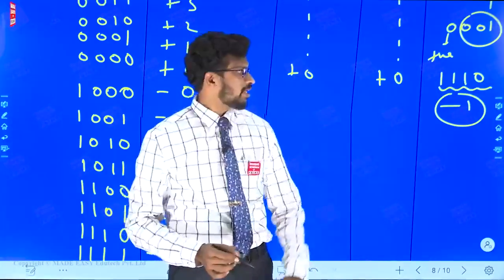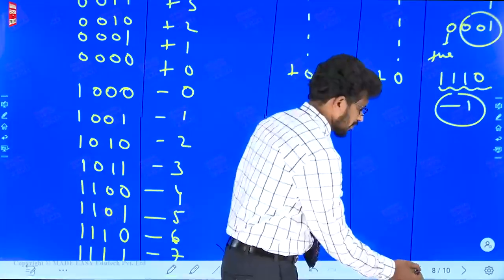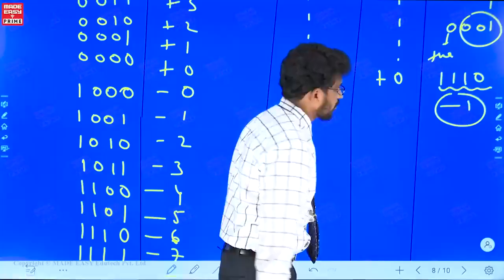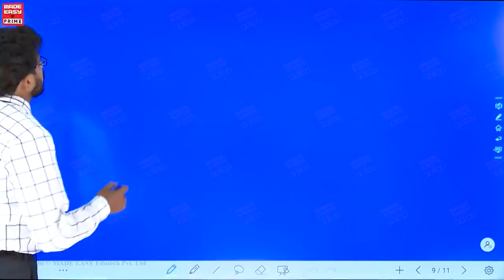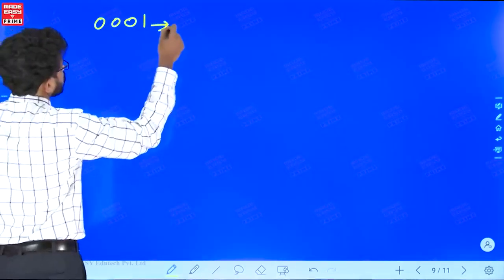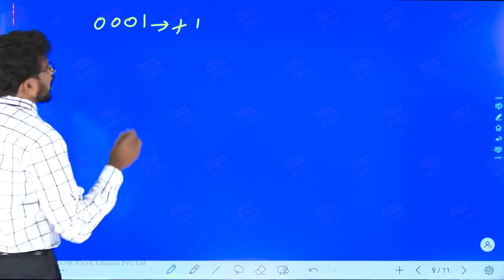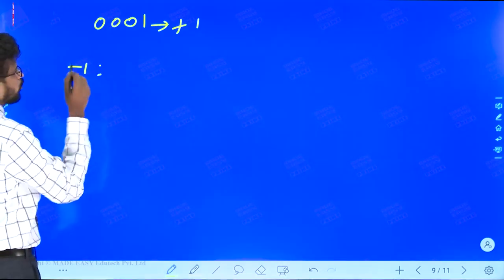The same thing can also be obtained by subtracting the data. 0001 was plus 1. I want to find out minus 1. So, to obtain minus 1, what to do?